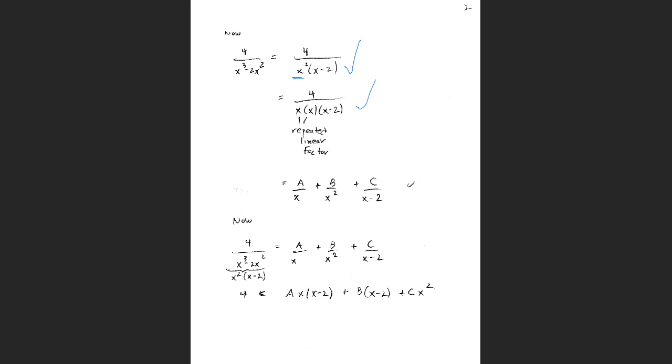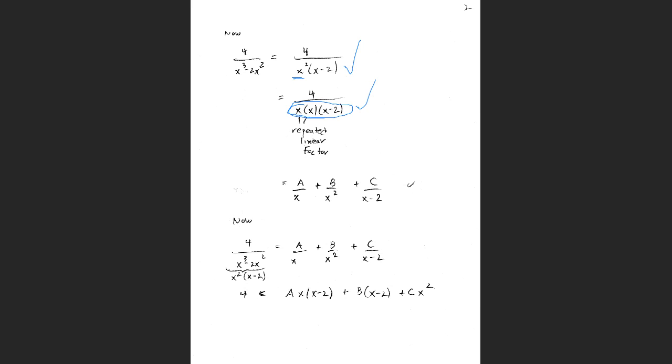I want to completely factor the denominator. And I get what's called a repeated linear factor, because x squared is x times x. This is completely factored, right? There are 3 factors in that denominator: an x, another x, and an x minus 2.